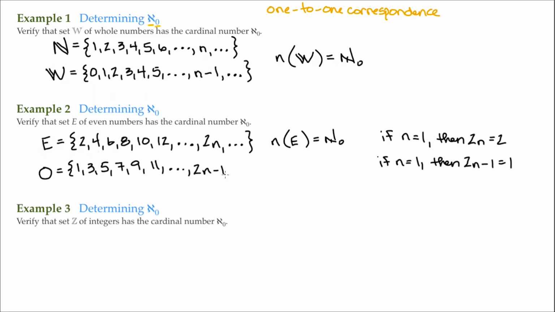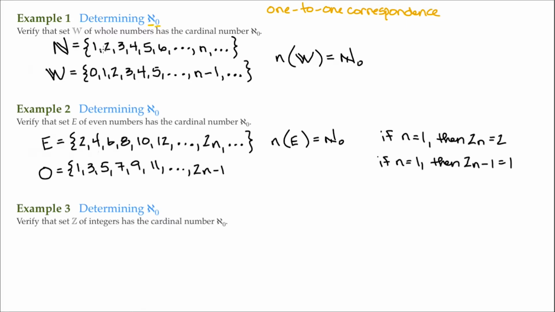2n minus 1. Our smallest counting number is 1. Always start with the smallest counting number. You shouldn't start anywhere in the middle of the pack, because if it works for the first or second counting number, then it's going to work for the rest. So 2 times 1 is 2 minus 1 is 1.